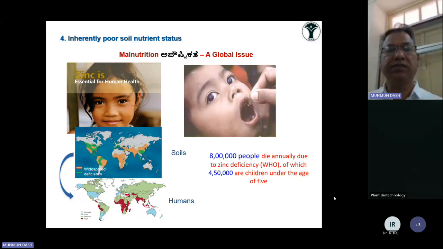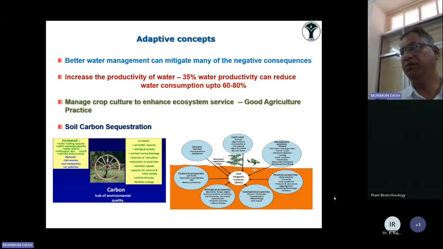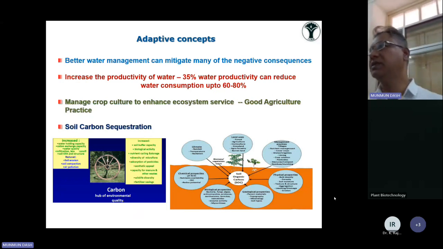These are some of the aberrations I noticed in the present scenario of agriculture. What should the concepts be? We have drawn up some concepts for 2025 or 2030. One important aspect is water productivity. Tomorrow we have the RAC meeting in our institute, and the main discussion is water productivity in the horticulture sector.